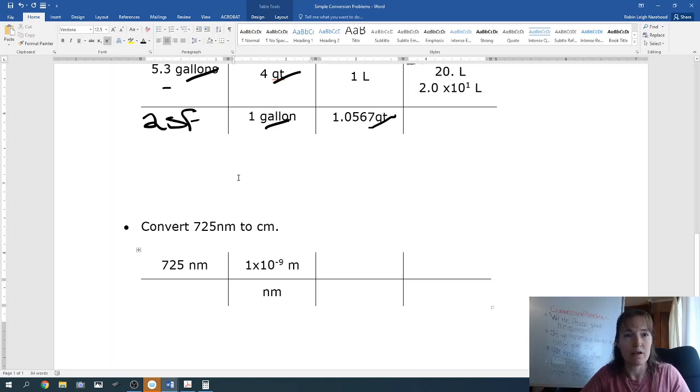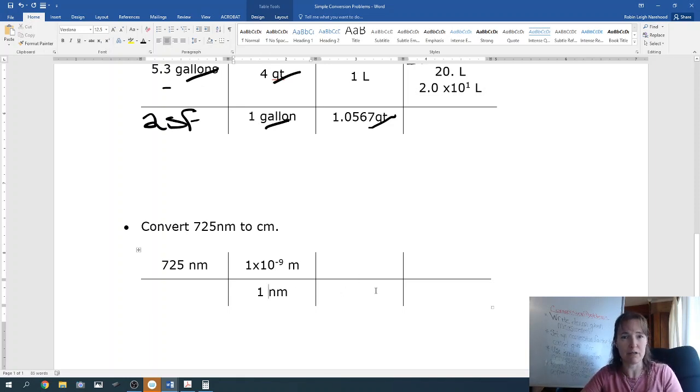And so nano means 1 times 10 to the negative 9 meters. So if I take away the nano unit, I replace it with this times 10 to the negative 9. So 1 little tiny nanometer is 1 times 10 to the negative 9 meters.